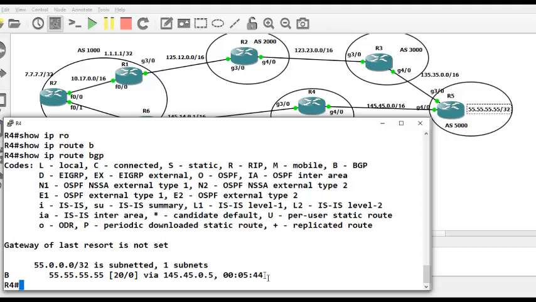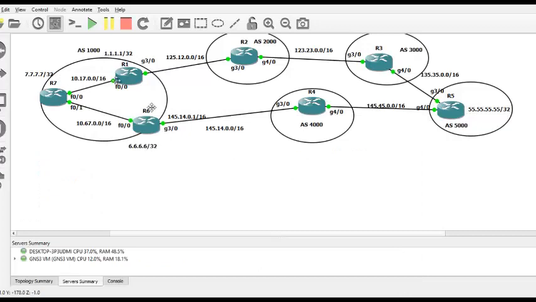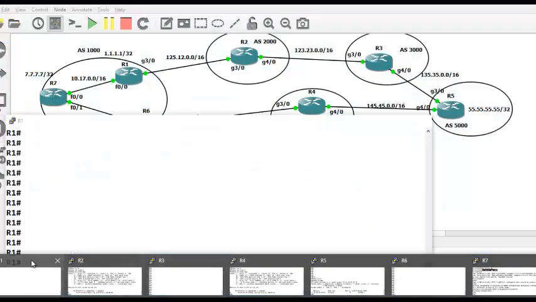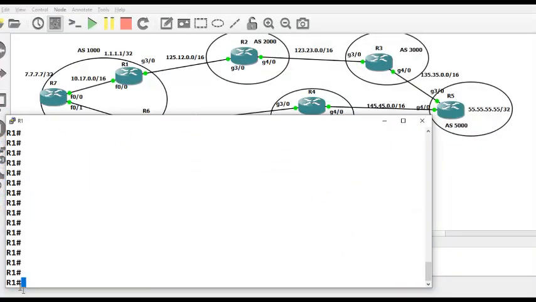Now what I need to do, I need to run BGP on routers 1, 7 and 6. Let's run BGP. Router 1, I'm already running OSPF within autonomous system 1000.